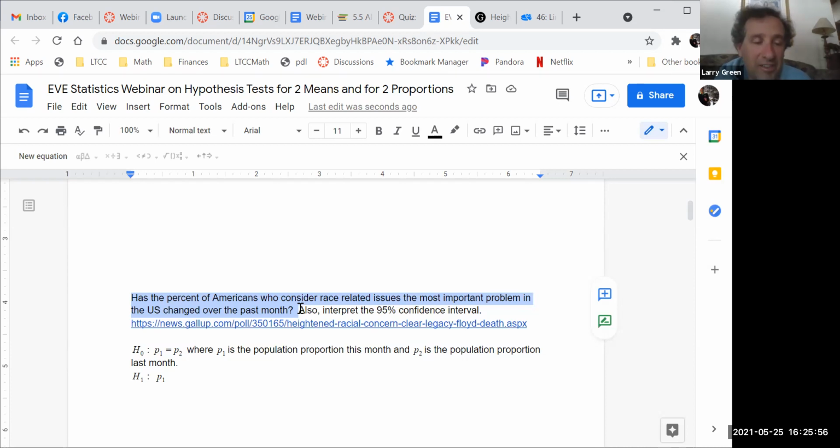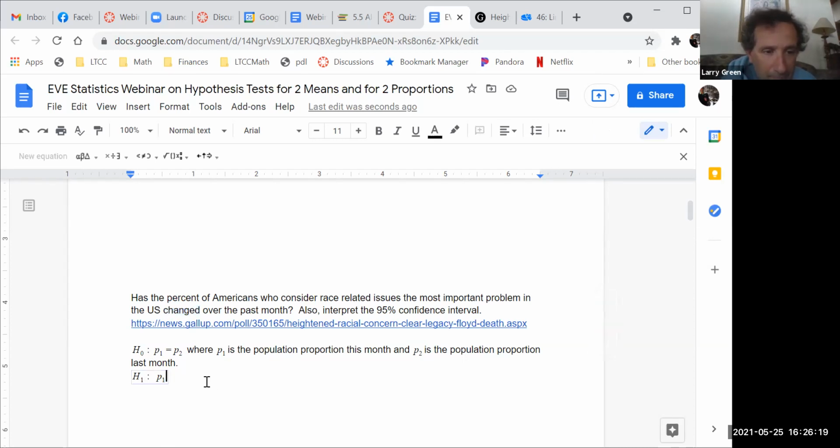Yeah, changed. Okay. So with the word changed, what's the inequality? Yeah, changed is not equal to. If it went up, it changed. If it went down, it changed. Do you agree? So that's a not equal to. So P1 is not equal to P2.